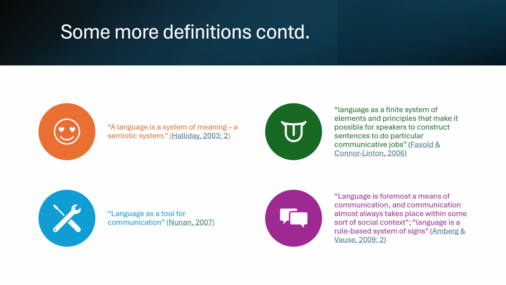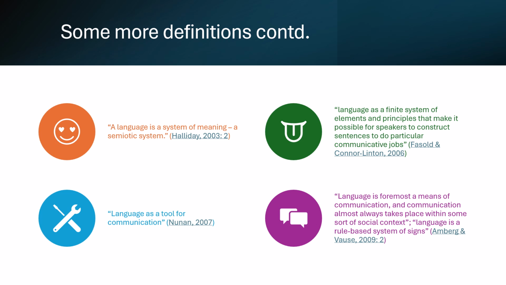So again, language is foremost a means of communication, and communication almost always takes place within some sort of social context. So language is a rule-based system of signs. So we are seeing two things being said here. Language is a means of communication. Communication takes place within a social context, which we emphasized in class.